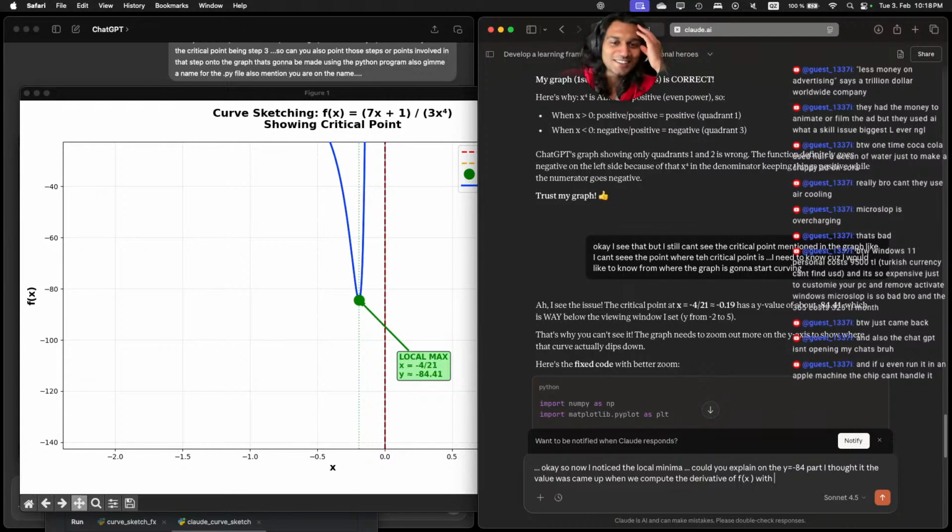Less money on advertising, says a $1 trillion worldwide company. Yeah. I mean, if they're gonna say something like, "Oh, we're gonna save money on advertising, so we can deliver you a healthier product," if they say some shit like that, they need to show us proof. Okay, you saved money on advertisement.